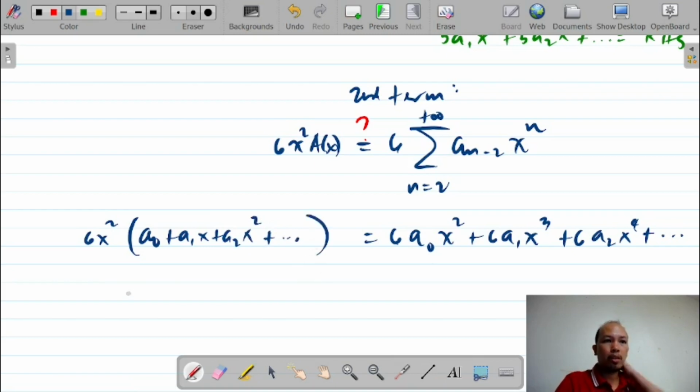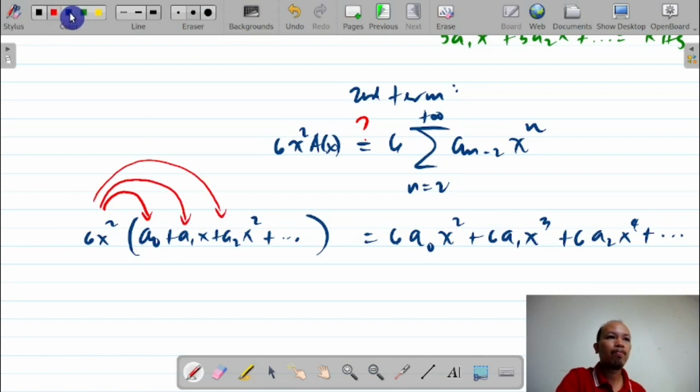If you try to substitute, we know that this is 0 and this is a sub 0. Did I make a mistake somewhere? No, sorry, just substitute that one here.